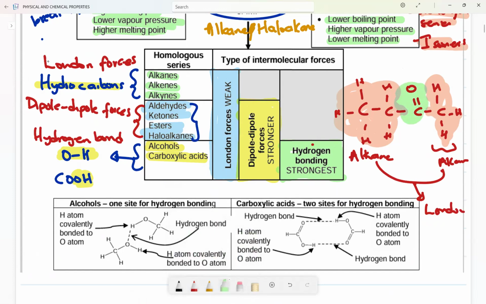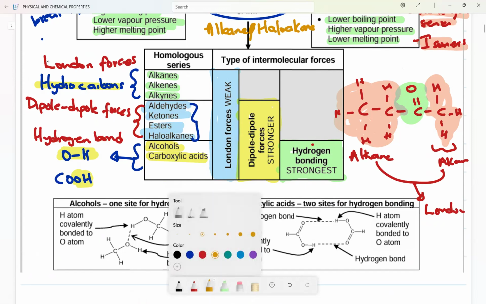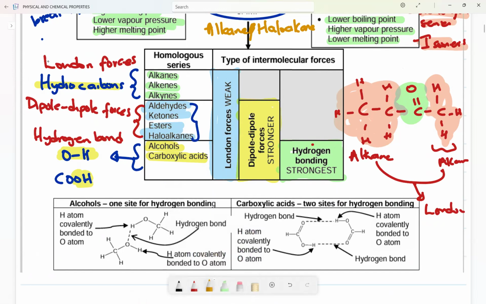Remember, this is the functional group of a ketone. And remember when we defined a functional group, we said it is an atom, a group of atoms, or a bond, that determines the physical and chemical properties of organic molecules. Now, this one tells us that, London forces aside, I come up with the strongest, which are dipole forces.